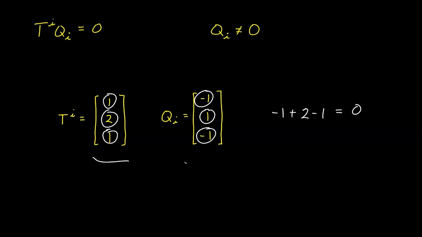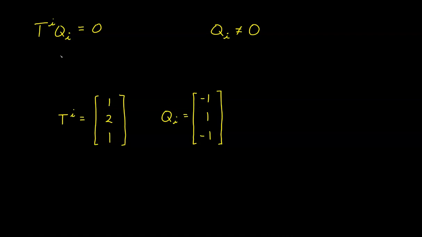So the inner product of these two vectors is equal to 0, and neither of these two vectors is equal to 0. Therefore, we cannot conclude that just because Qi is not equal to 0, we can cancel Qi out and set Ti equal to 0. We cannot conclude that Ti is equal to 0 just because Qi is not.